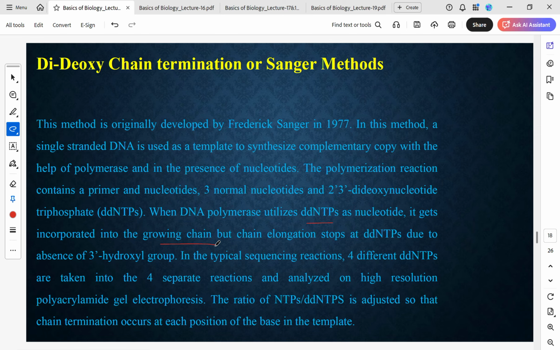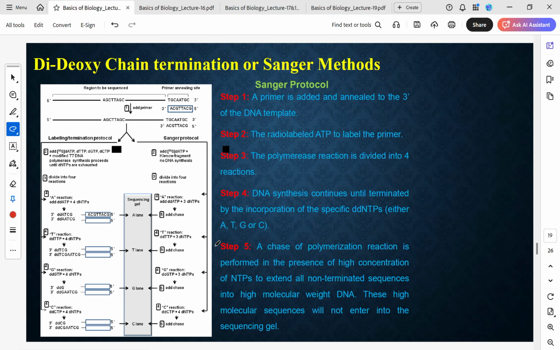The ratio of dNTPs and ddNTPs is adjusted so that chain termination occurs at each position. So you get something like this. If this is the region to be sequenced, you add a primer which is very general, a universal primer which anneals to the 3' end of the DNA template. You add the radiolabeled ATP to label the primer.